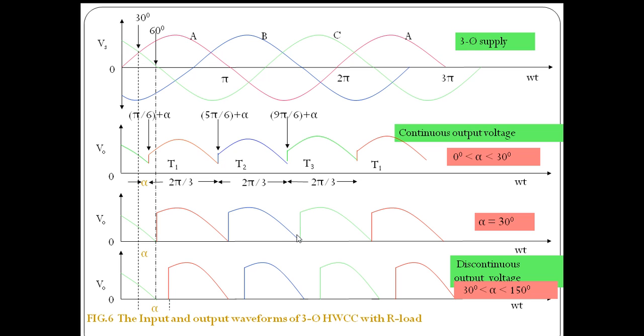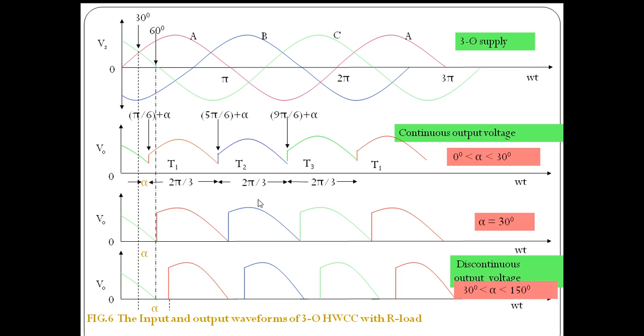Thyristor T2 will be in conduction. T2 is still in conduction because T3 is not fired, and the continuous conduction of T2 takes place until T3 is fired. T3 is then in conduction. Similarly, we get the repeated cycles.